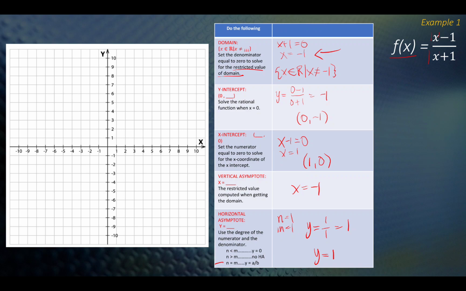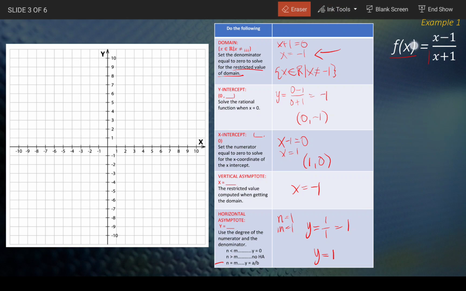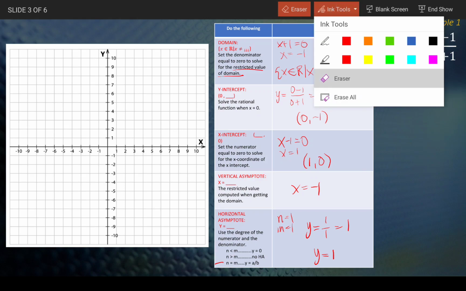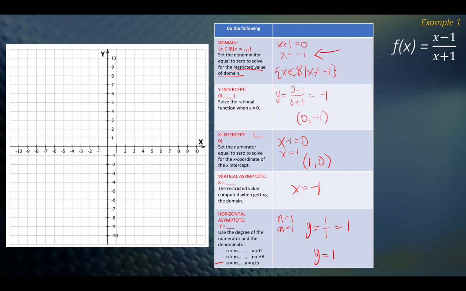Now, what we're going to do is try to illustrate these computed values on the Cartesian plane. So we start with the asymptotes. First, the vertical asymptote.